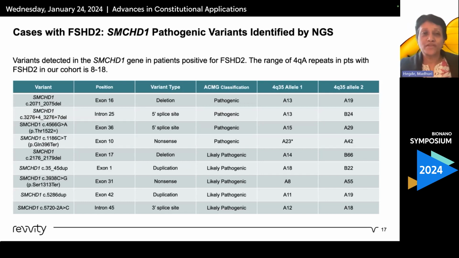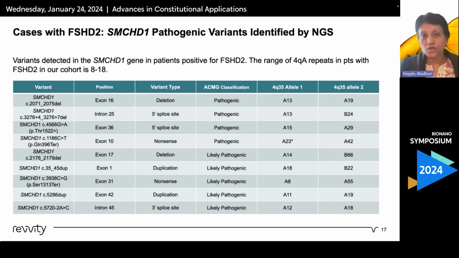As I mentioned previously, for FSHD2, there are these three genes which cause hypomethylation and thereby expression of the DUX4 gene against a 4qa background.